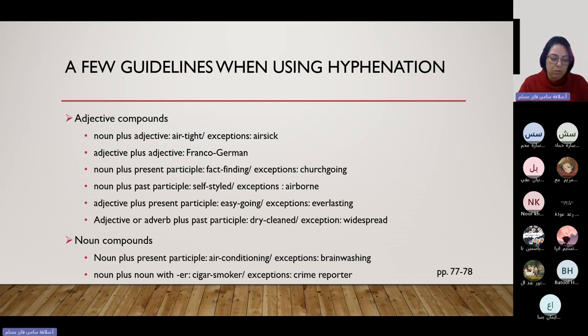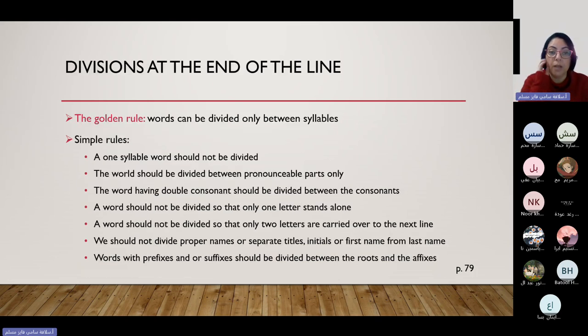So this is what we need to know about the hyphen when it's between compound words, whether they are adjectives, whether they are adverbs, whether they are nouns, okay? These are a few rules you need to understand, with their exceptions.